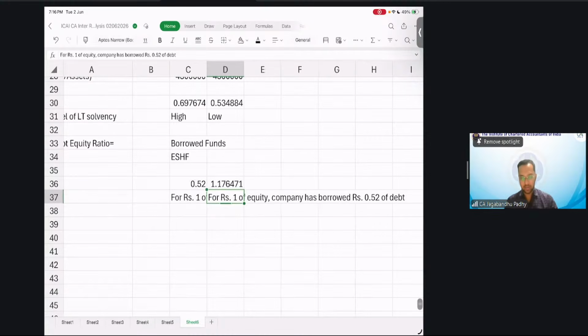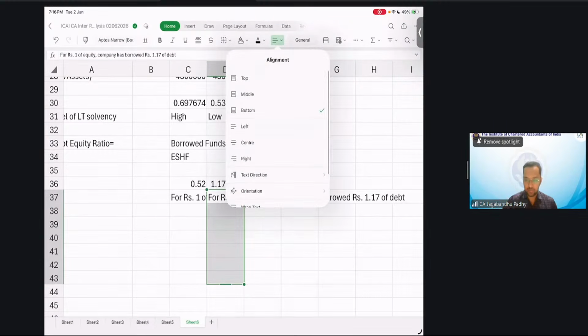And in the other case, for every 1 rupee of equity, the company has borrowed 1.17 of debt.